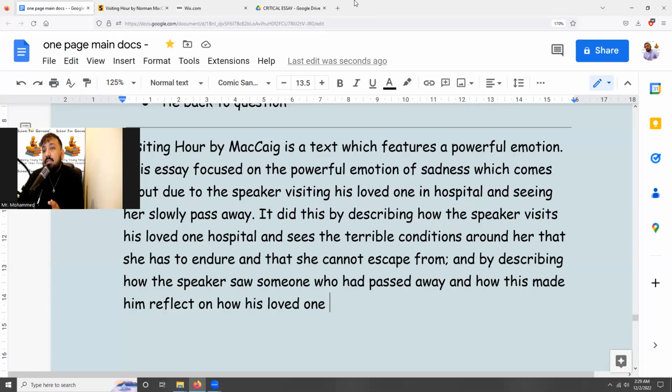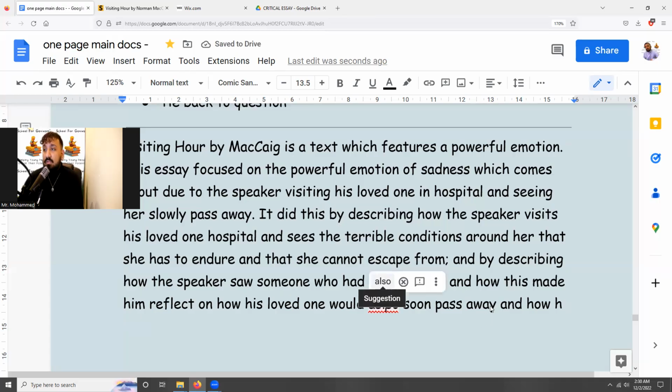Okay, so by describing how the speaker saw someone who had passed away and how this made him reflect on how his loved one would also soon pass away. And again, you see how even the way the sentences are joined together, I'm just using "and", I'm not doing anything fancy. Okay, nothing fancy going on. You don't need to do anything fancy, at least when you're learning.